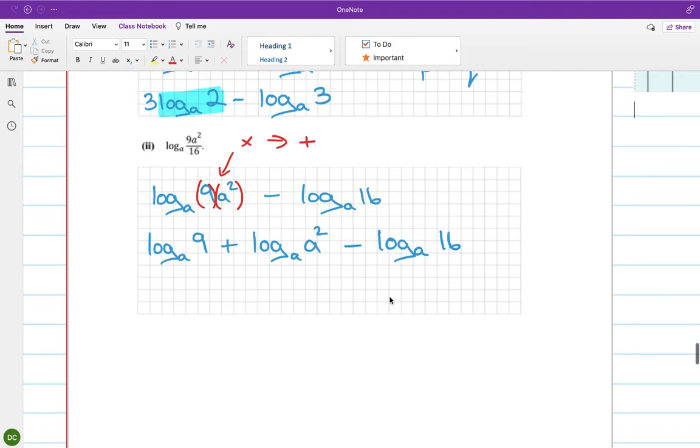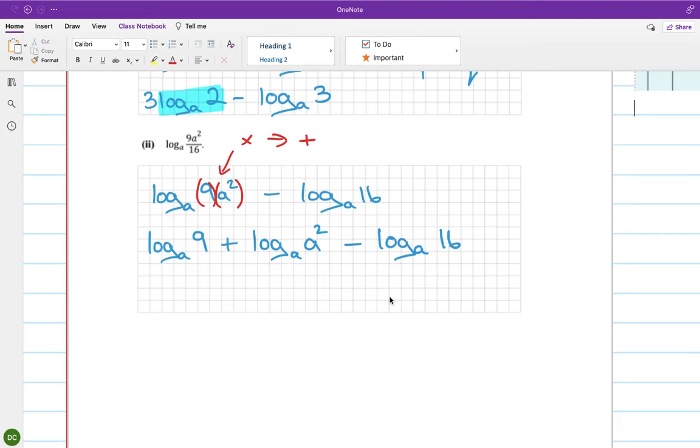Yeah, now it's all 3's and 2's I need. See from the previous one, right? So I need to write these in 3's and 2's. So the 9 can be written as 3 squared. Now this one, this power is on the entire argument, so it can come to the front. So it's 2 log to the base a of a, and then log to the base a, and we need to turn the 16 into either a 2 or a 3.